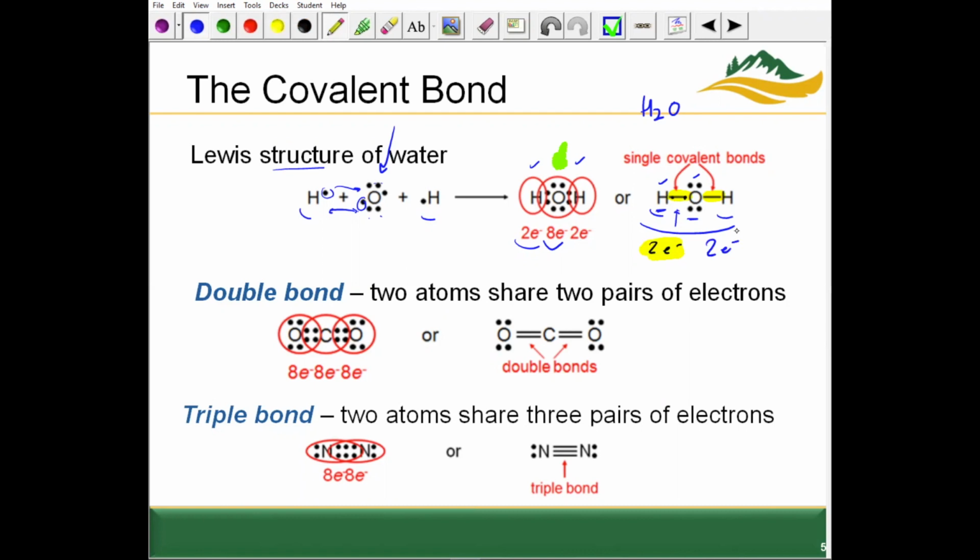We do have cases where we can see double and triple covalent bonds. For a double bond, this is a sharing of 4 electrons here in total per set of double bonds. So 4 electrons shared here, 4 shared here. So between this oxygen and carbon, that's 4 shared electrons.